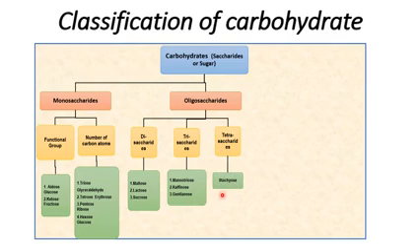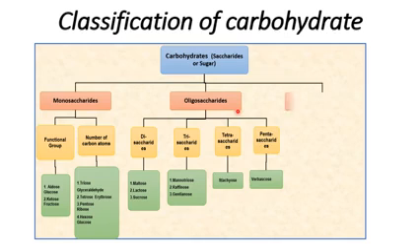Tetrasaccharides: tetra means 4 monosaccharide units are present, for example stachyose. And pentasaccharides, for example verbascose. Up to 10 monosaccharides may be present in an oligosaccharide. Next one is the polysaccharides.